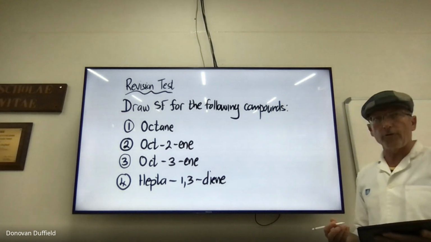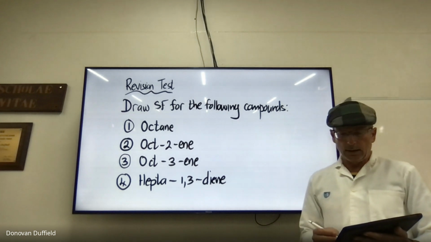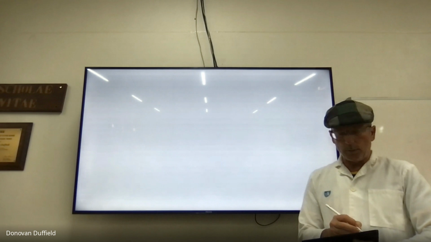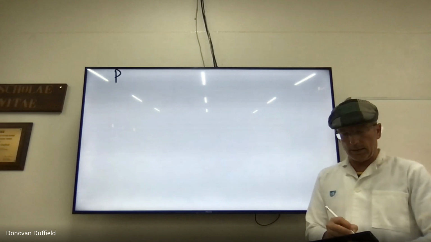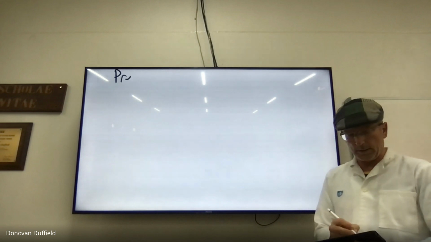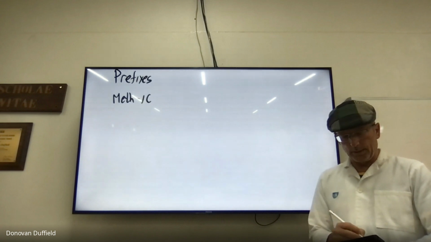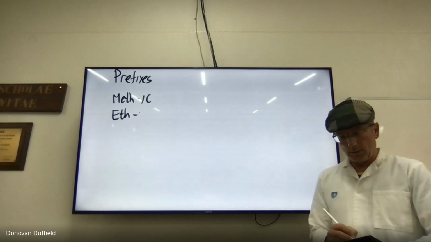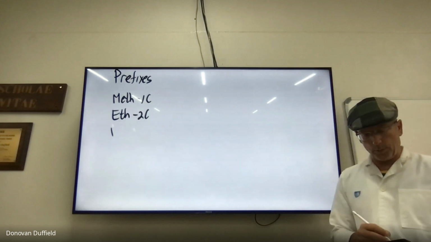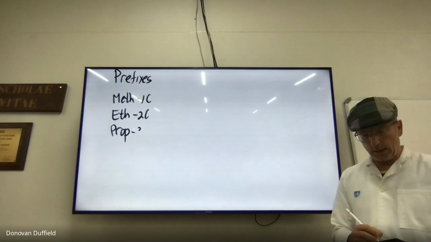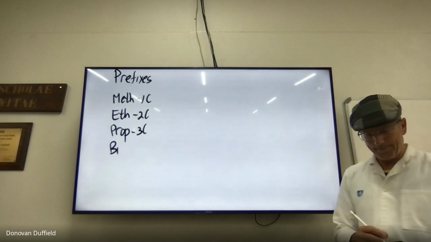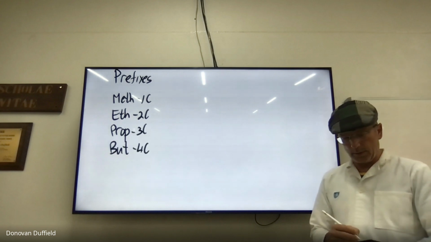Just to refresh our memory, we must remember the prefixes. We've got meth, which is one carbon. Eth is two carbons. Prop is 3 carbons. But is 4 carbons.